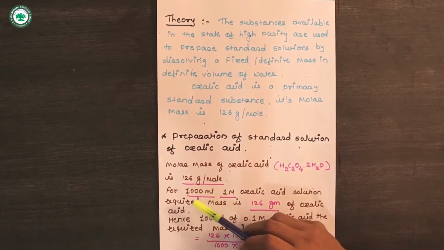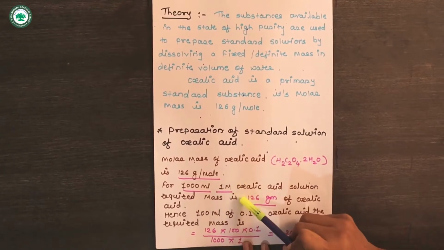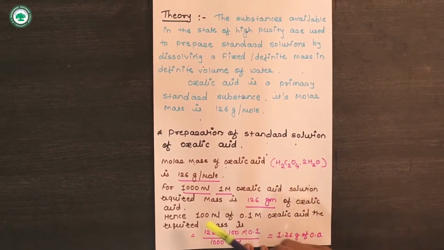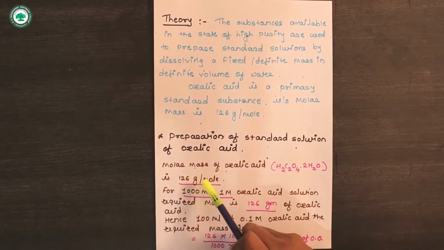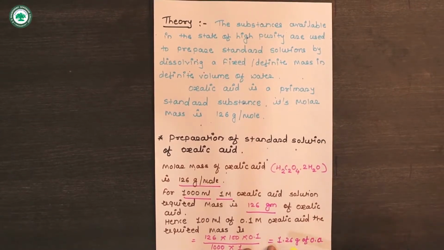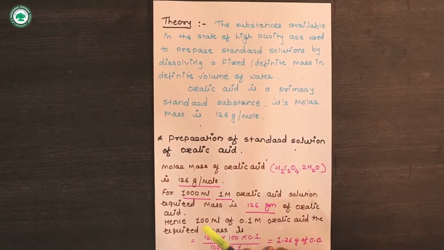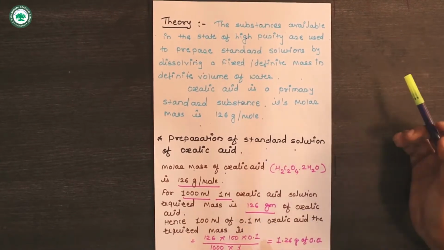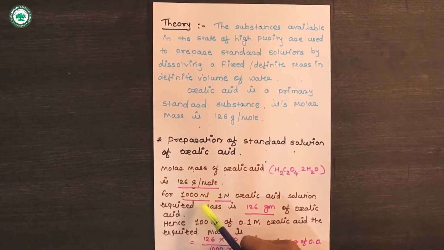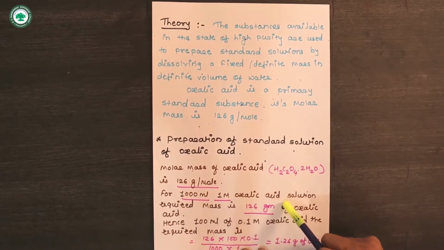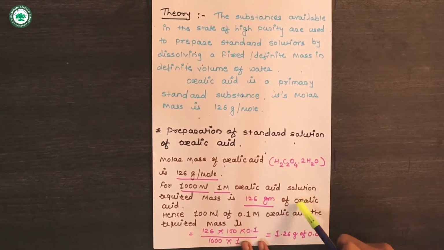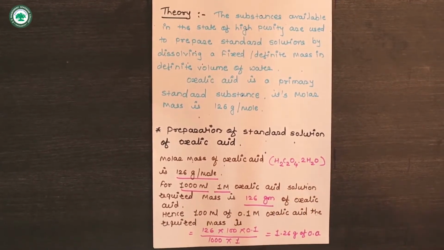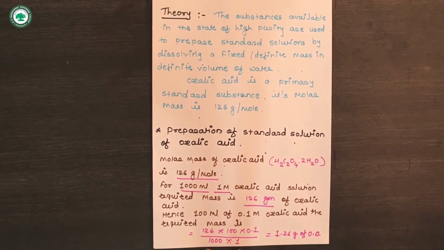For 1000 ml of 1 molar oxalic acid solution, the required mass is 126 gram. Means its molar mass is 126 gram per mole. Hence we take only 100 ml of solution, so we prepare only 100 ml.